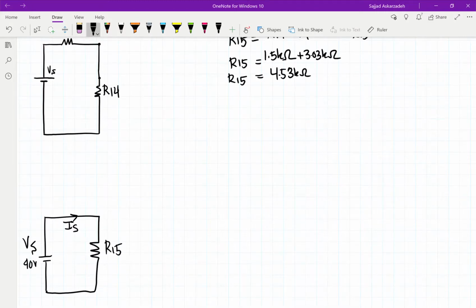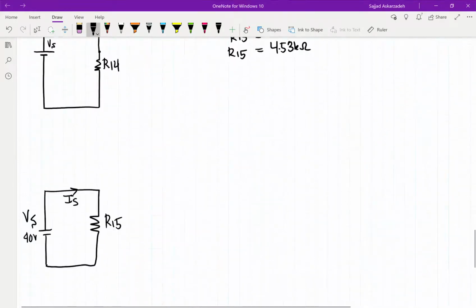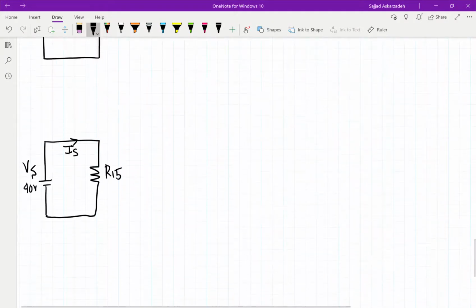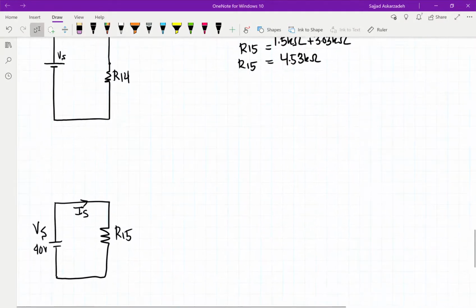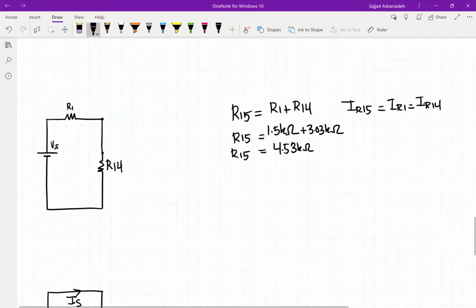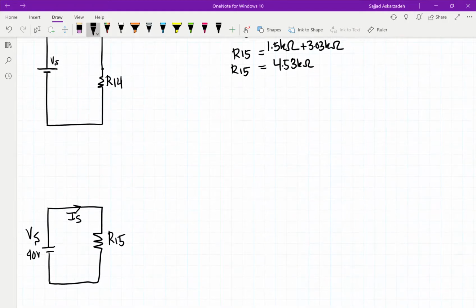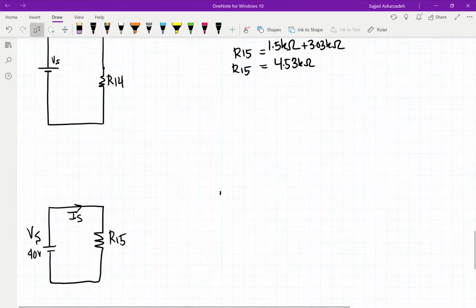We've pretty much reduced this circuit to only a single resistor and a single voltage source, so we can pretty much stop at this point. Now that we know R15 and we know what VS is, we can find out what IS is.